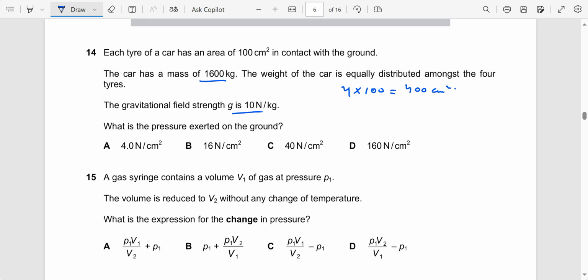Mass is given, so let's convert into weight. W is equal to mg, that's 16,000. So now pressure is equal to force over area. Since it's in centimeter square, we don't need to convert that into meter square, so it is going to be 16,000 divided by 400, which is 40.